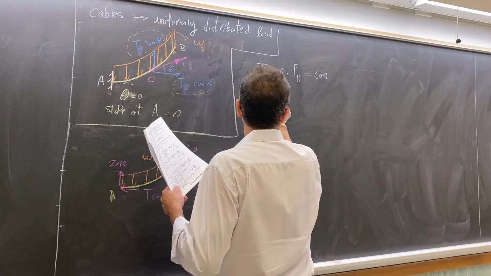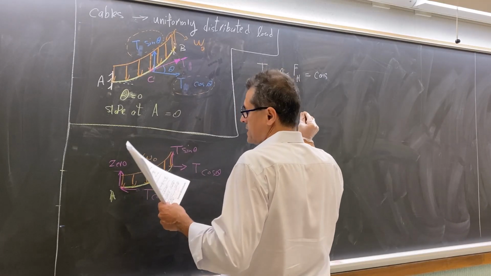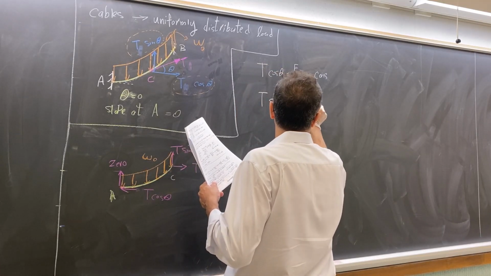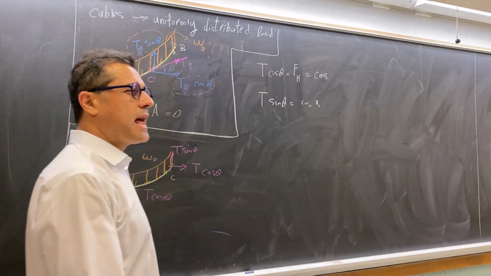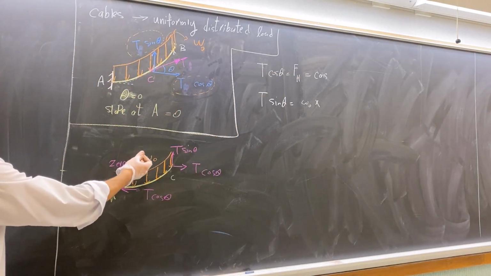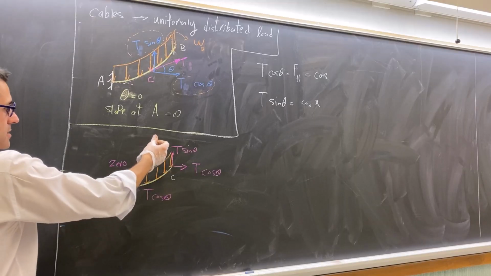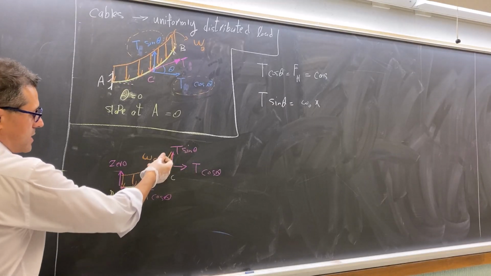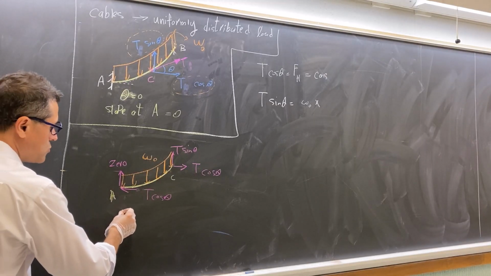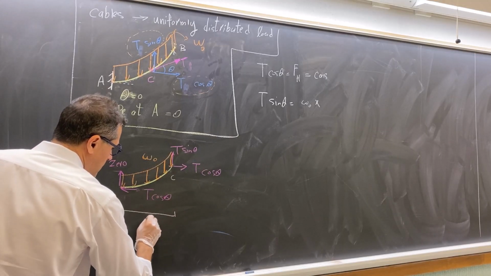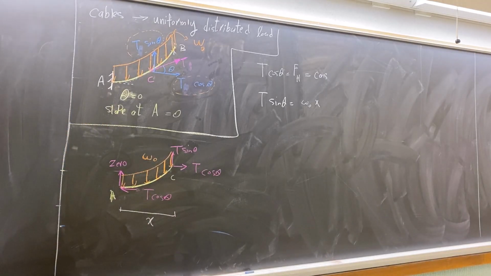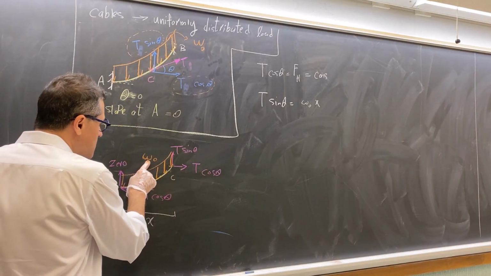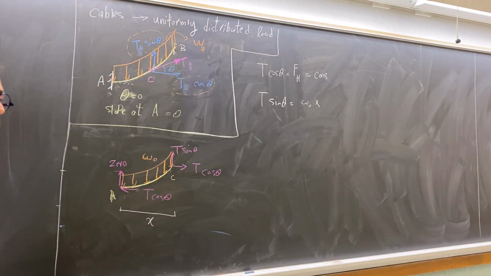And T times sine theta is equal to W times X. This was a question from Daniel. The orange distributed load is shown here. If you convert it to an equivalent load, then that equivalent load is W times X.